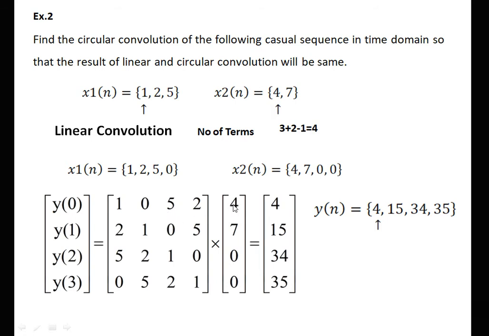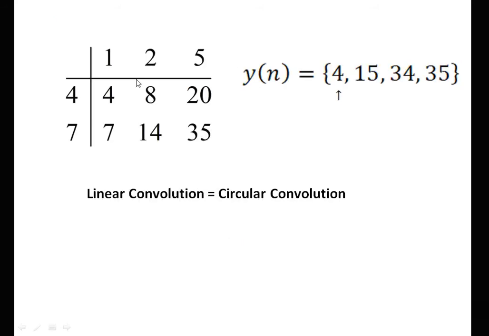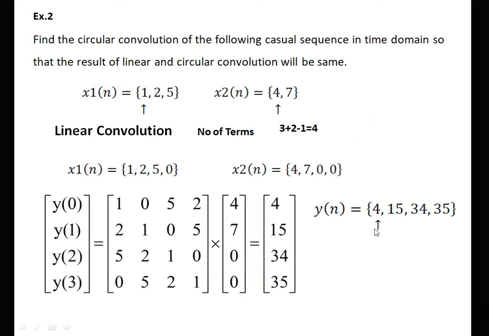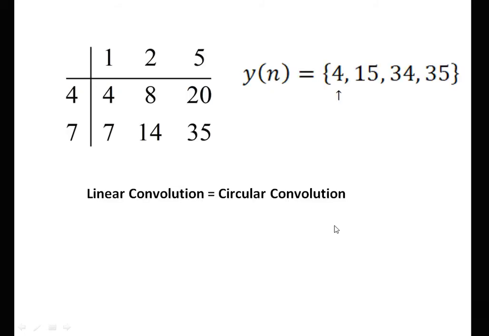After applying the circular convolution, we get the result 4, 15, 34, 35. Now we can cross check the result. This is the output of the linear convolution by the matrix method. The signals are 1, 2, 5 and 4, 7, and by this we get the answer 4, 15, 34, 35, which matches this result.